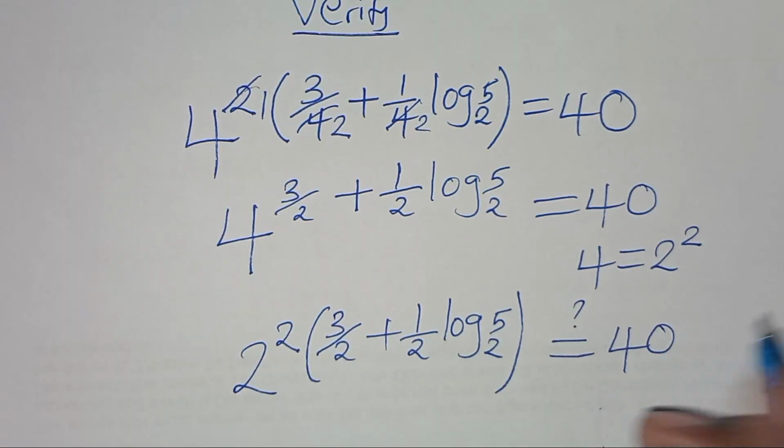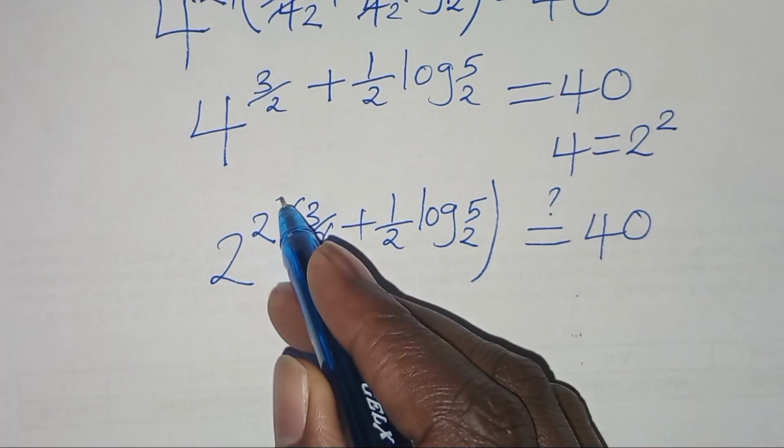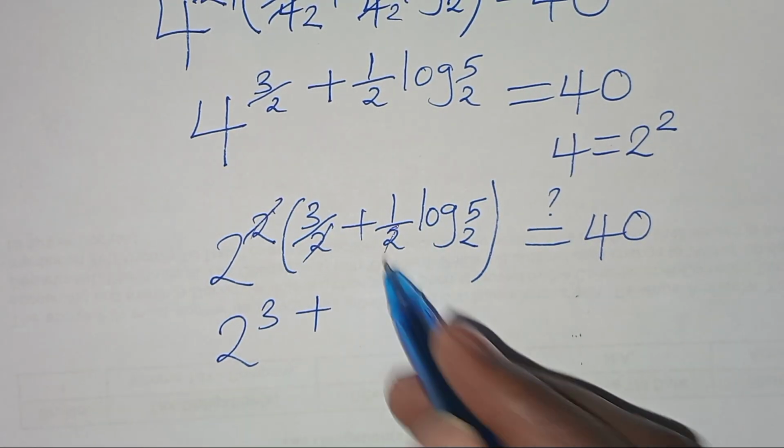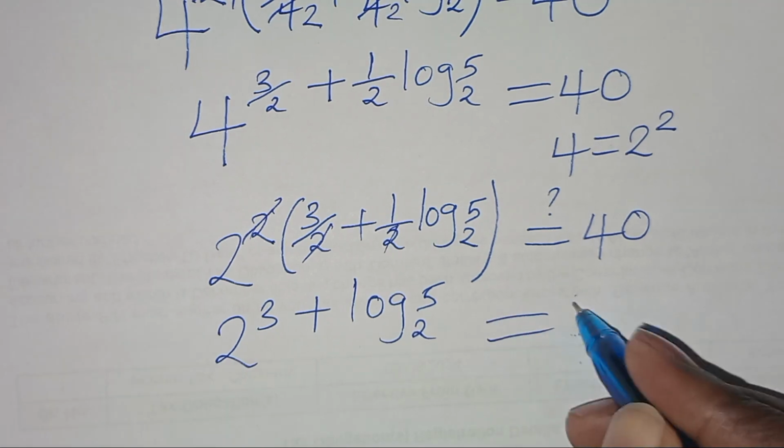Let's check if this is true. Now let's simplify here to open the bracket. We'll have 2 to the power 3 plus, now 2 and 2 here simplify, so this is log 5 to base 2. This should give us a value of 40.